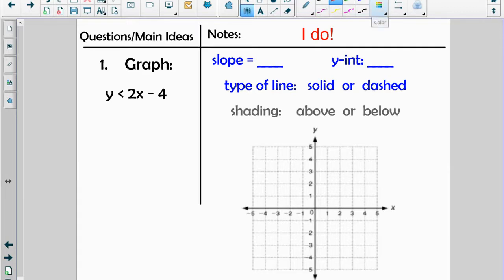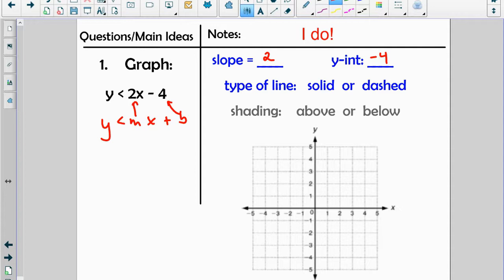As we look at that, we're reminded that this is in slope-intercept form, where the number in the place of m is 2, so our slope is 2. And the number in the place of b is negative 4, so negative 4 is our y-intercept.